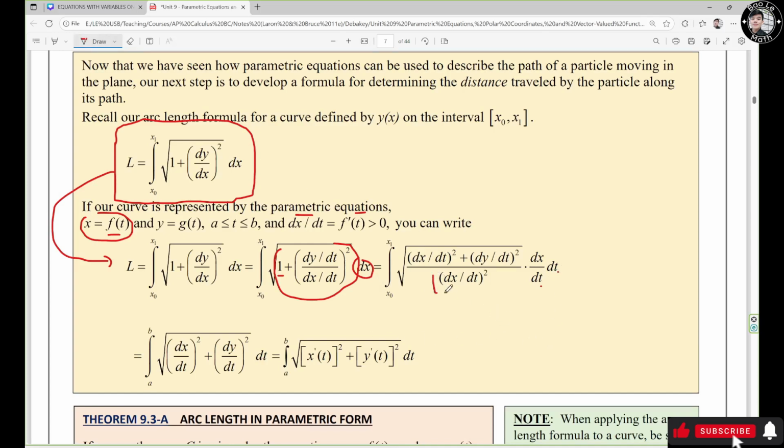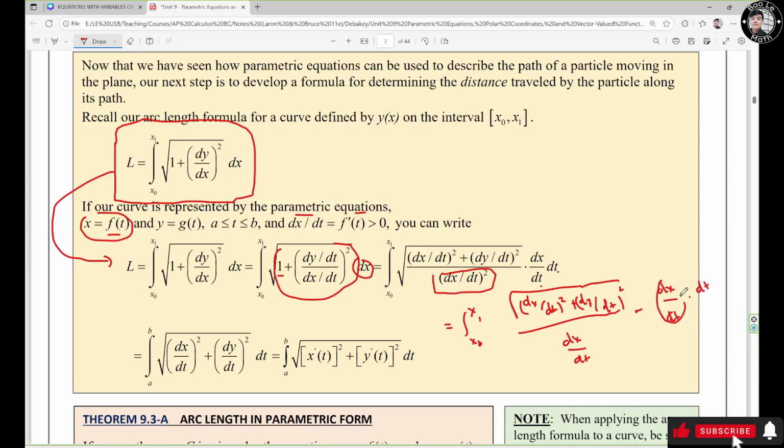Now, I'm going to bring this one outside the square root sign. So I have the integral from x0 to x1 of the square root of the quantity, multiplied by dx over dt, multiplied by dt. This factor and this factor cancel out, which is why you get this right here.